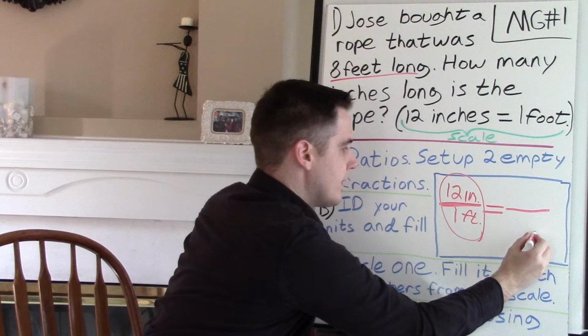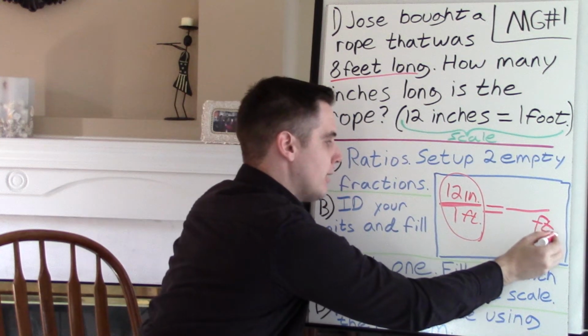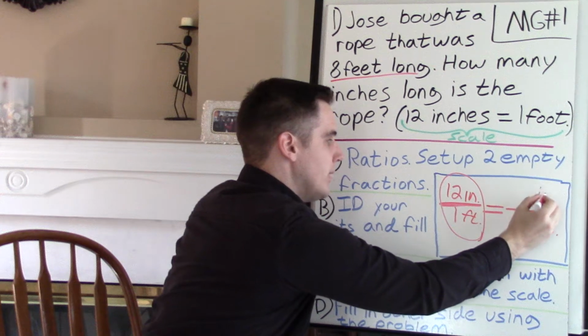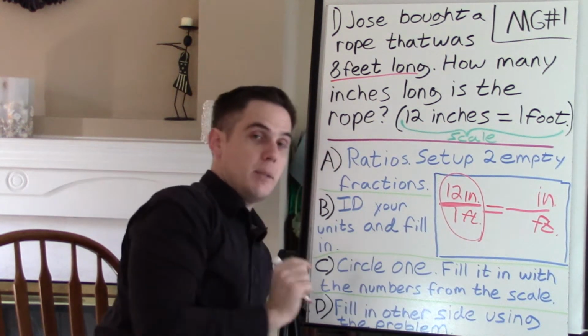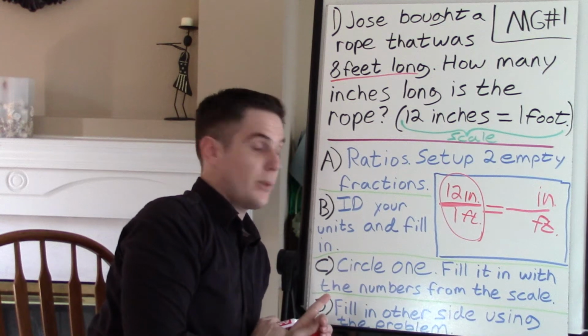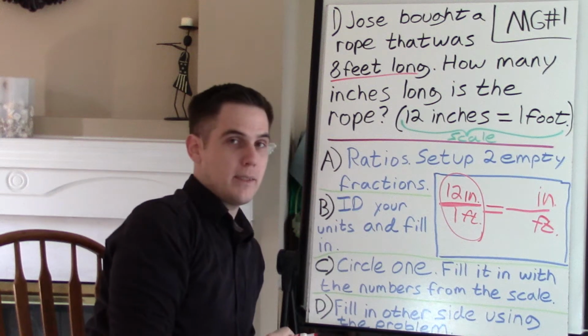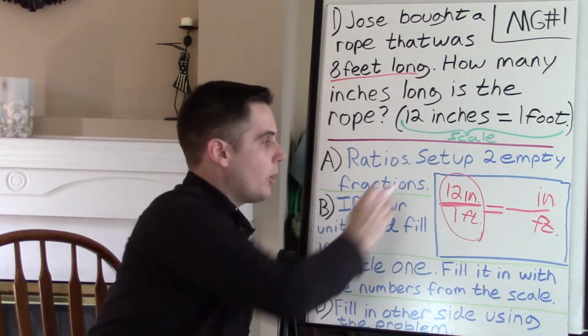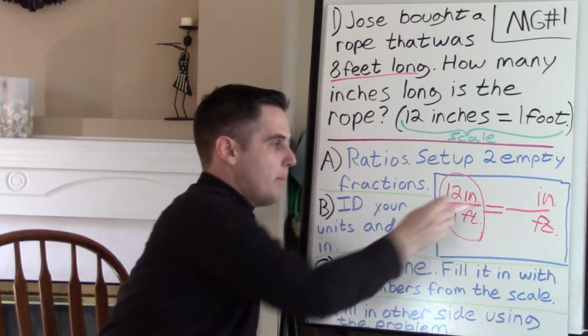So over here we have to stay consistent. If we put feet on the bottom here, we have to put it on the bottom over here. We have to put inches on the top here because we put it on top here. 90% of the time when people get these questions wrong, it's because they messed this part up. Before the math comes into play, even before putting in the numbers, they put them in the wrong way.